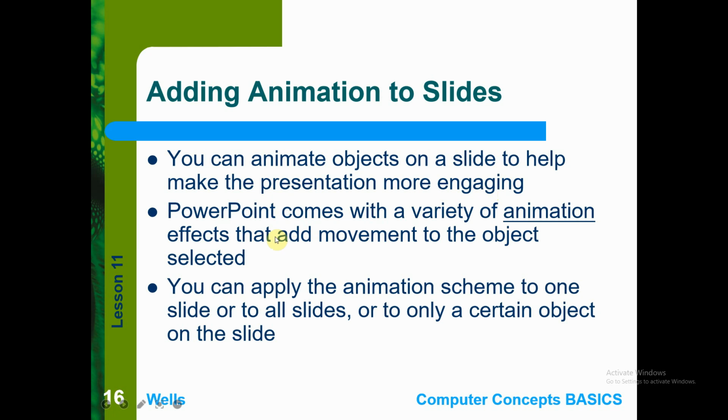A variety of animation effects that add movement to the object selected, and also to the below gamang slideshow pwede man specific object or the whole slideshow would apply the same animation effect. So apply the animation effect to one slide or all slides, but also option to certain object on the slide.